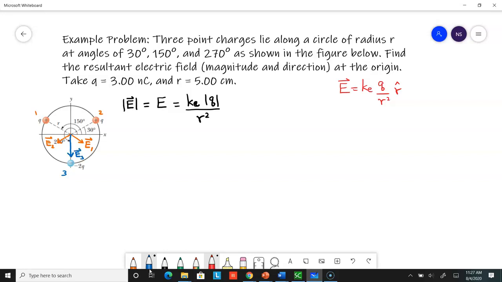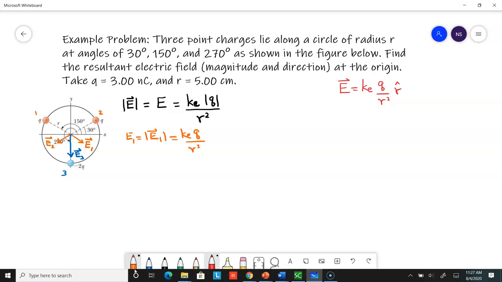Okay, so I'm going to use this formula to calculate each of the magnitudes. Actually, I just have to do it once for E1 or E2 since they are the same. So let me go ahead and substitute my numbers. So E1, that's the magnitude of E1, that's k_e Q divided by R squared.